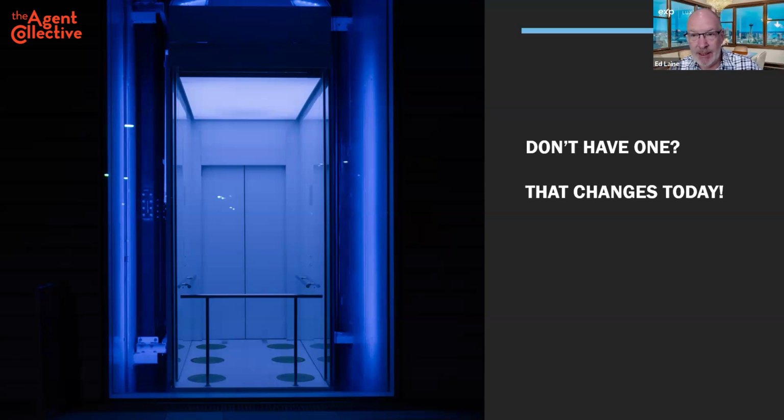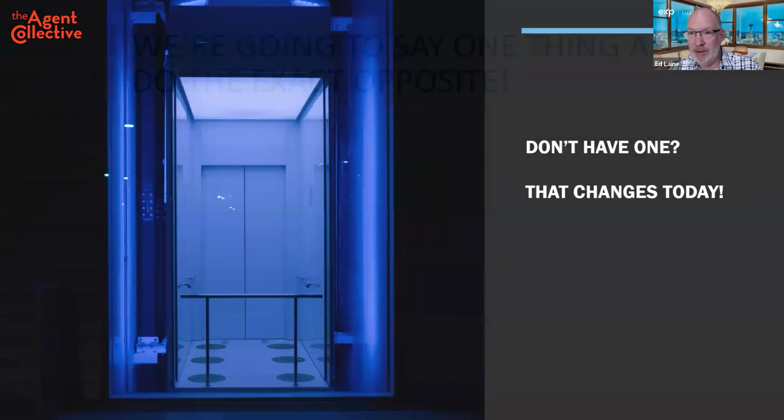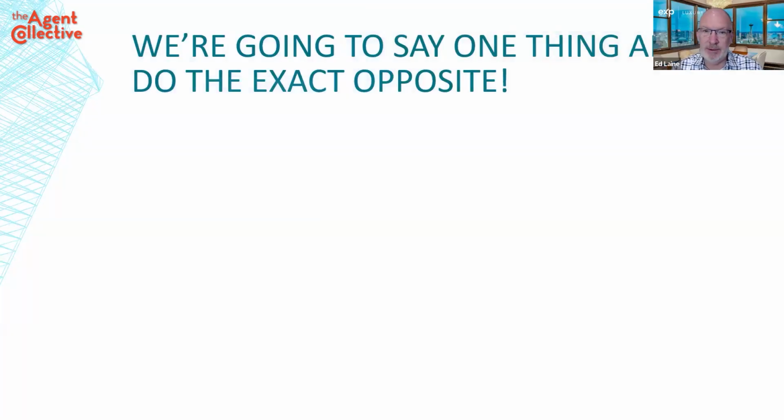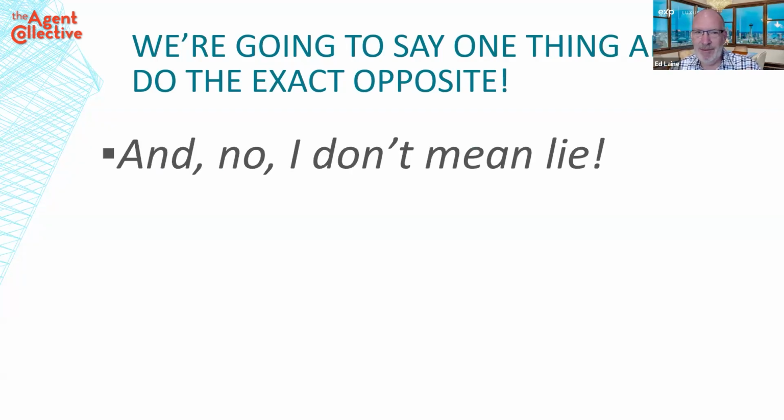I'm going to share with you mine. You can tweak it if it doesn't have everything that applies to you, or if you've got better things that work for you. But I first want to describe a concept of how I use this, because it's kind of ironic, right? I talk about things in one way and I literally do the exact opposite. But I don't mean I mislead people.